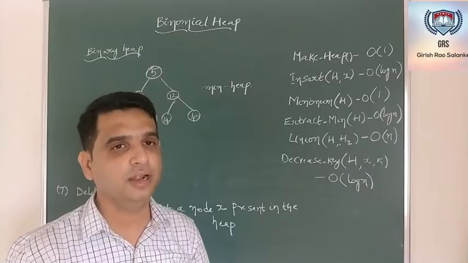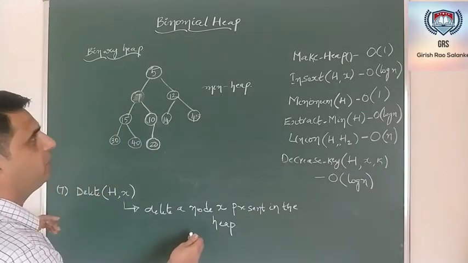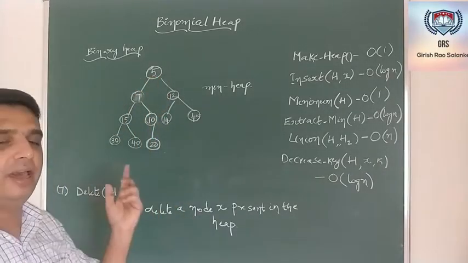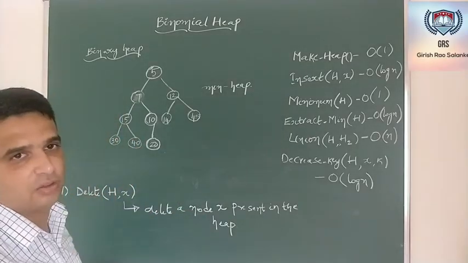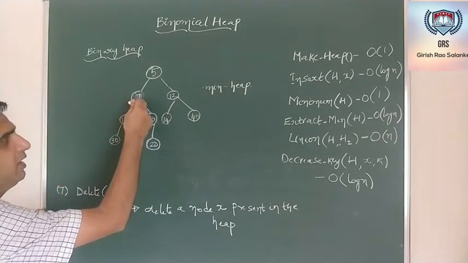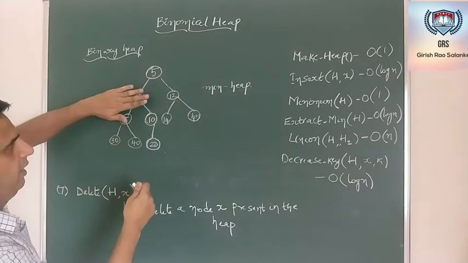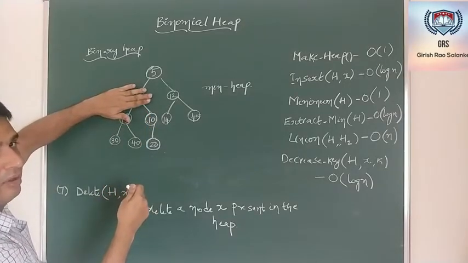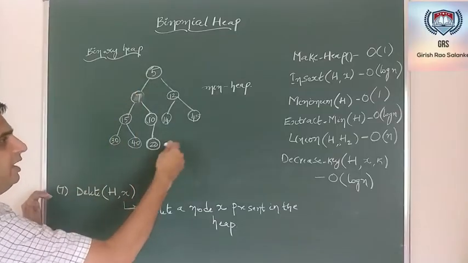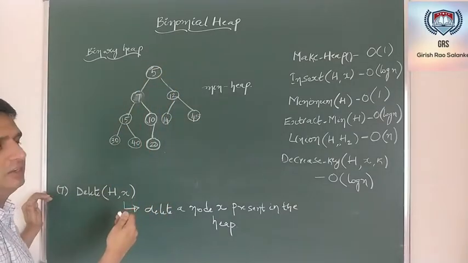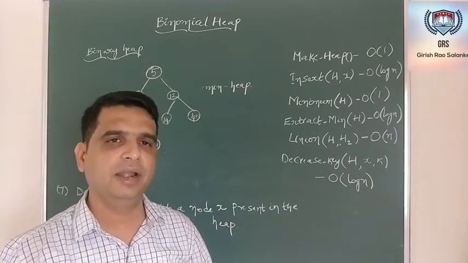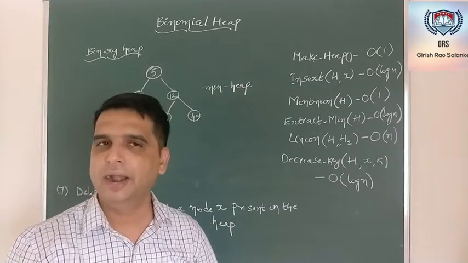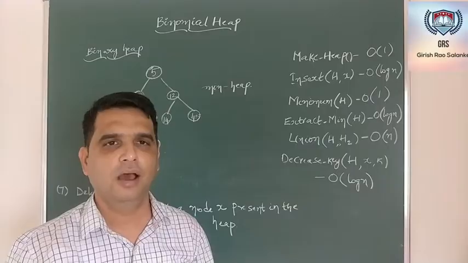Now what would be the worst case? Assume that I am trying to delete node 5, which is at the root node, or I am trying to delete node 7. Once I delete node 7, what should I have? I should have once again the min heap property, in the sense it should be a complete binary tree or an almost complete binary tree, and it should have the parent dominance property.